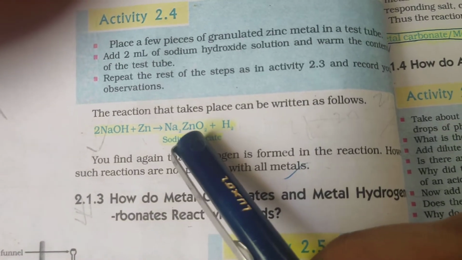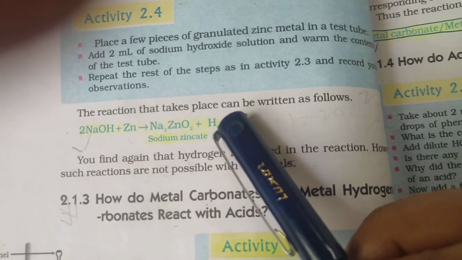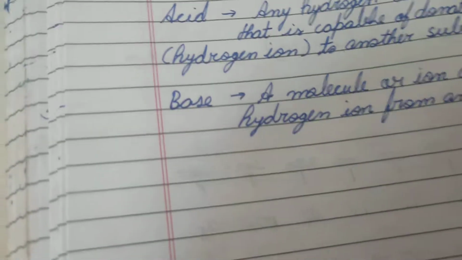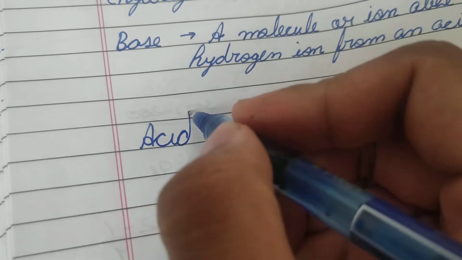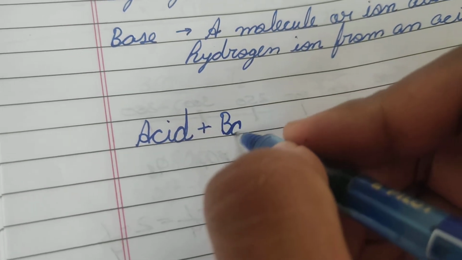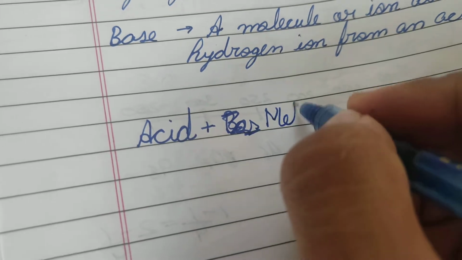Now this sodium zincate is your salt, plus H2. H2 is hydrogen. It is released in the form of gas, right? So whenever you need to identify what happens with an acid and the base, it's very easy to remember. Here you write acid, right, plus base, not base, plus metal.